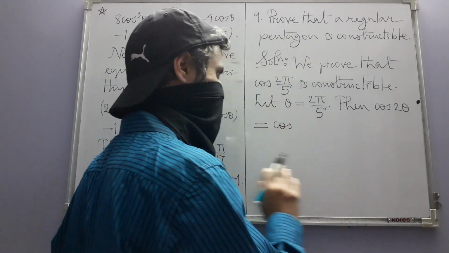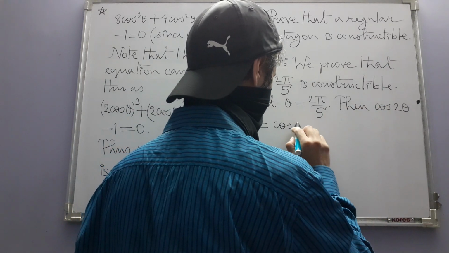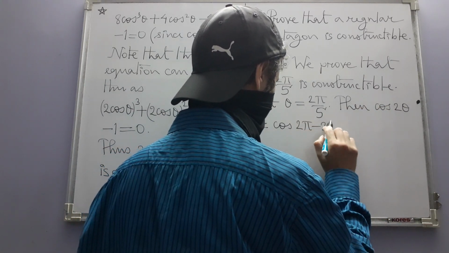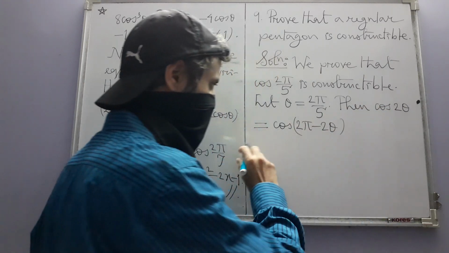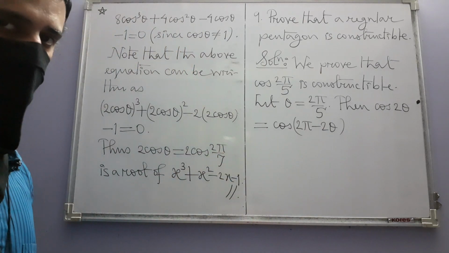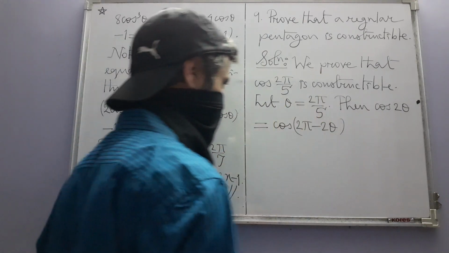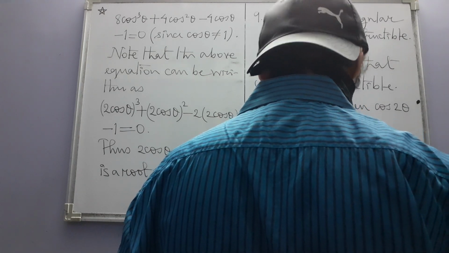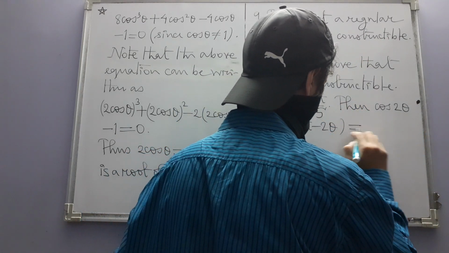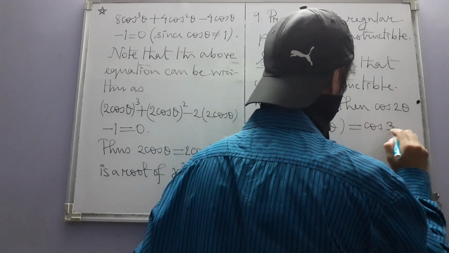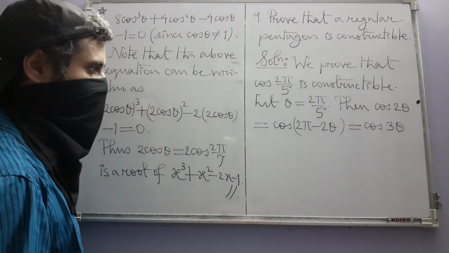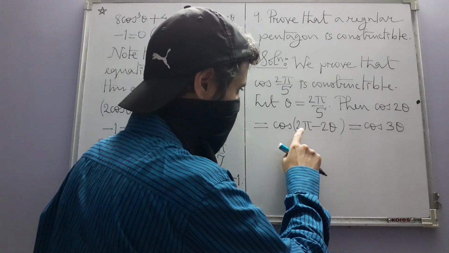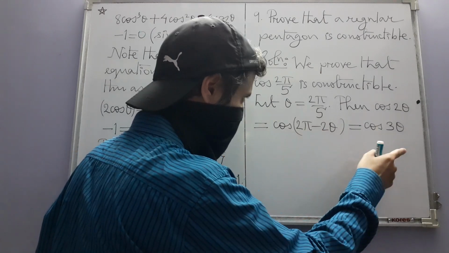Okay, now from properties of the cosine function, cos 2 theta is also cos of 2 pi minus 2 theta. Again, use the cosine of a minus b formula and you will get this. Or this is a fact that we already know from trigonometry. And now this is equal to cos 3 theta. Why? Because 2 pi is equal to 5 theta.